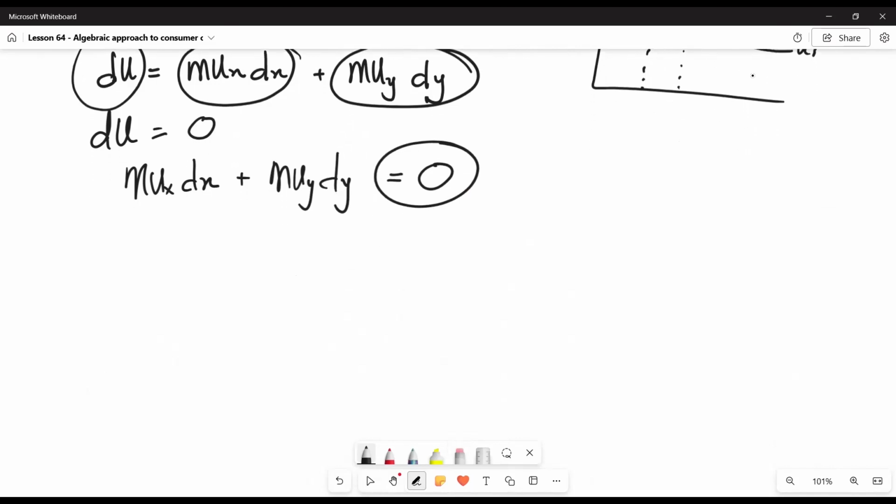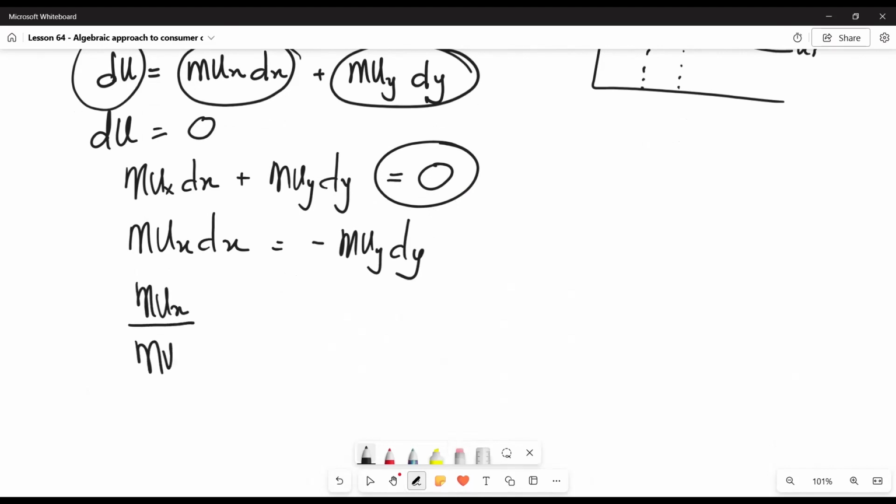Now let's move further to rewrite this function. So we can rewrite this again as MUx dx being equal to minus MUy dy. And again, we can rewrite this as MUx divided by MUy being equal to minus dy over dx.